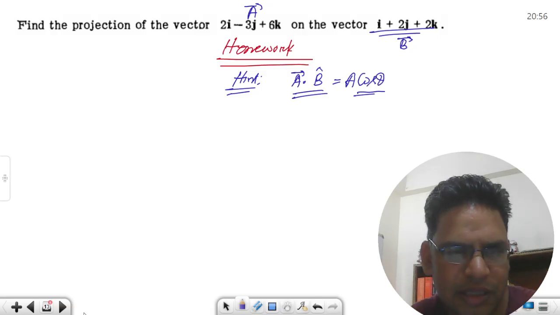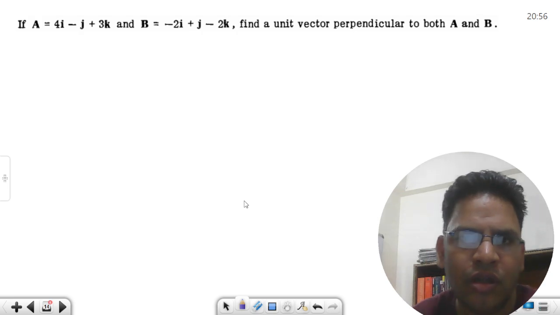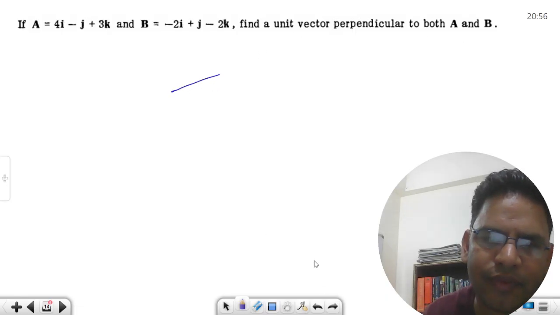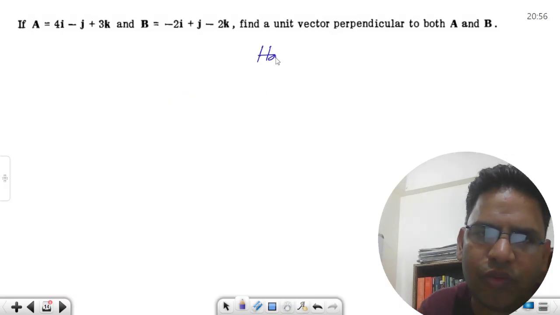Again easy. Now given a vector and b vector, find the unit vector perpendicular to a and b. This is again interesting.